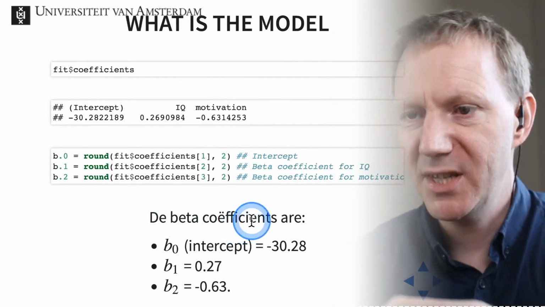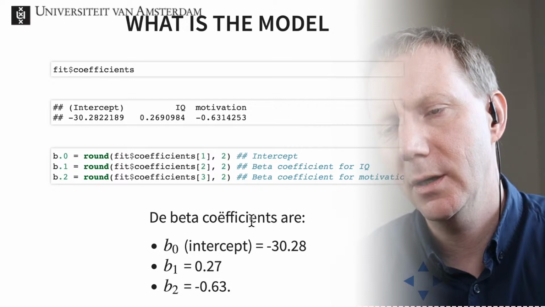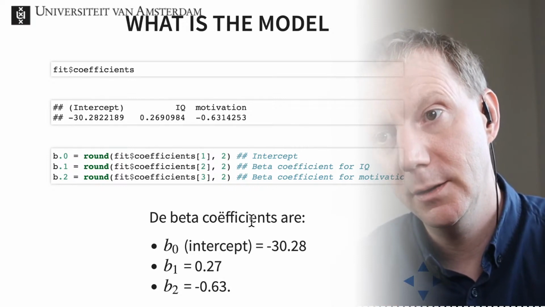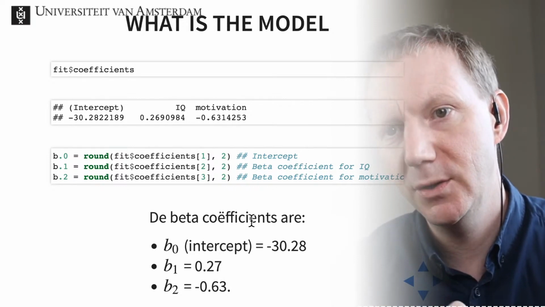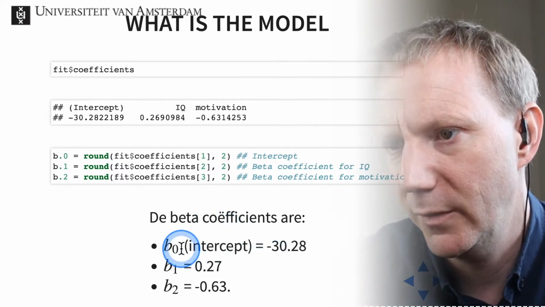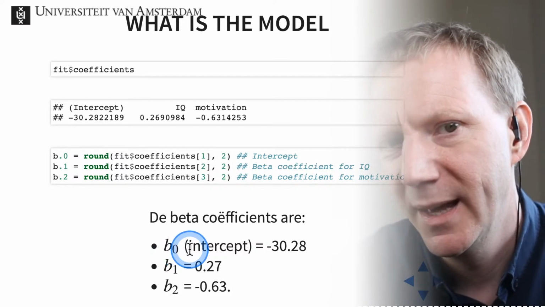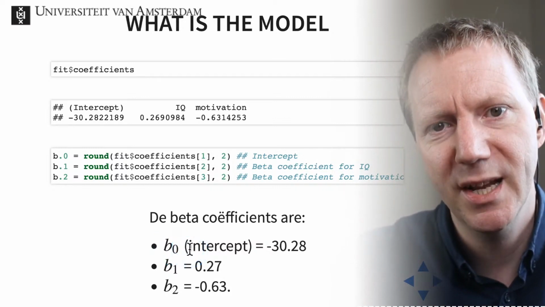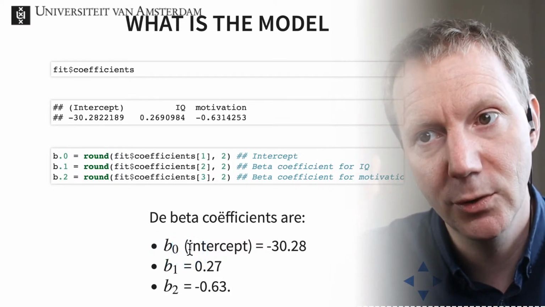So what I'm doing now is I'm applying the regression beta coefficients to the model. We had B0, and in one of the previous slides I used the Greek letters.